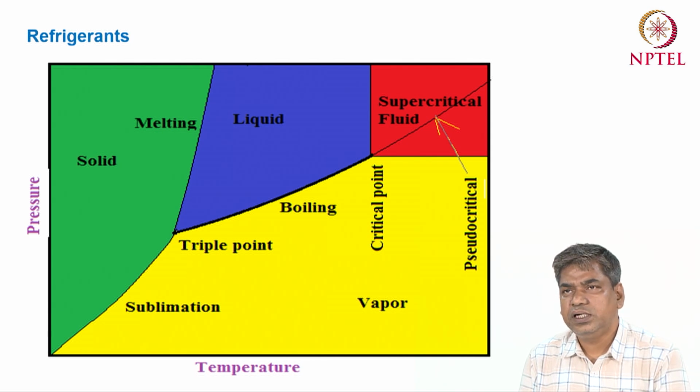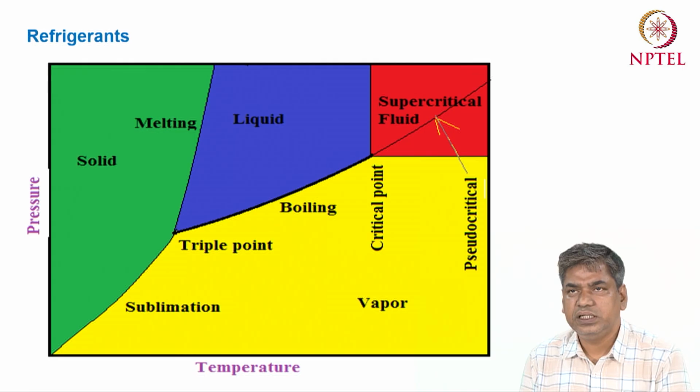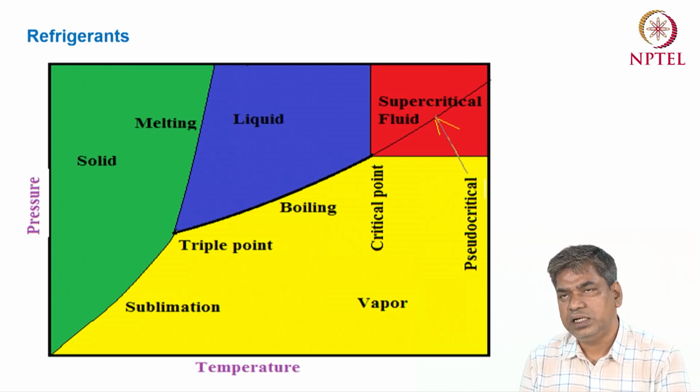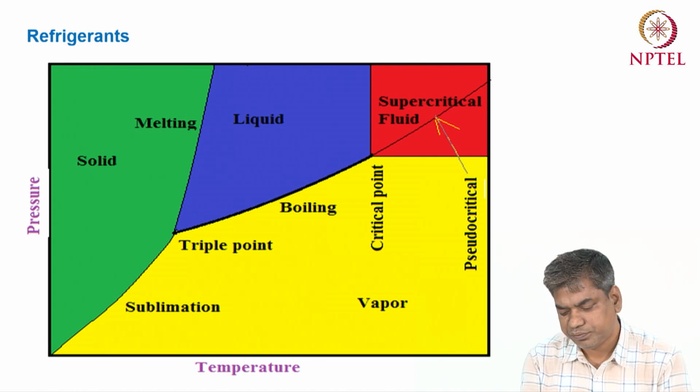If the refrigerant temperature is higher than the critical point temperature and the pressure is higher than the critical point pressure, that is called the supercritical fluid. Okay, so this figure represents the different phase zones of the refrigerant: one is solid, another is liquid, another is vapor, and the fourth one is the supercritical fluid.